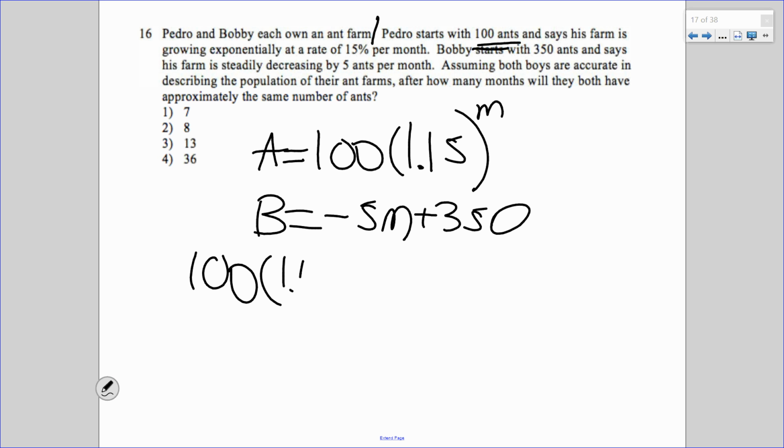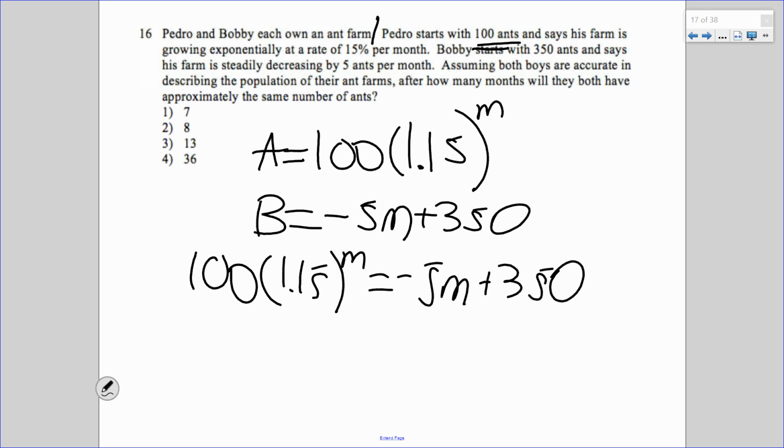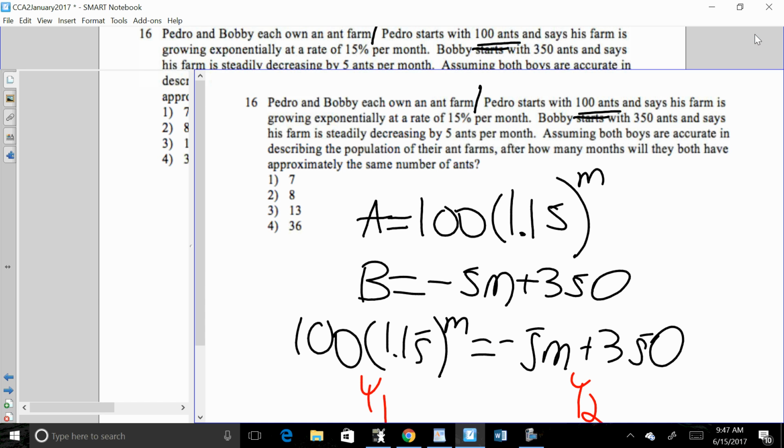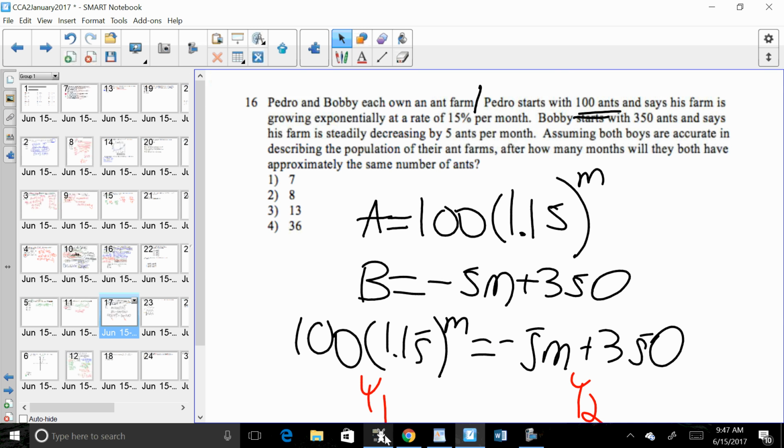100 times 1.15 to the power of m equals negative 5m plus 350. The best way to figure this thing out is, again, y1, y2, find the intersection. So that's exactly what I'm going to do. I'm going to go back to my calculator.